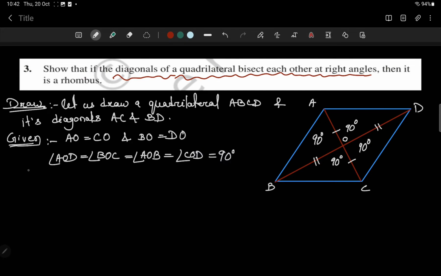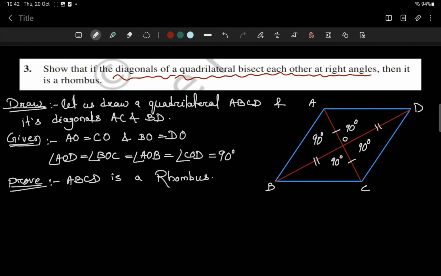Okay, then we will do solution, proof. What you have to prove? Prove that ABCD is a rhombus. Acha, how can we prove that a quadrilateral is a rhombus? All the sides are same.